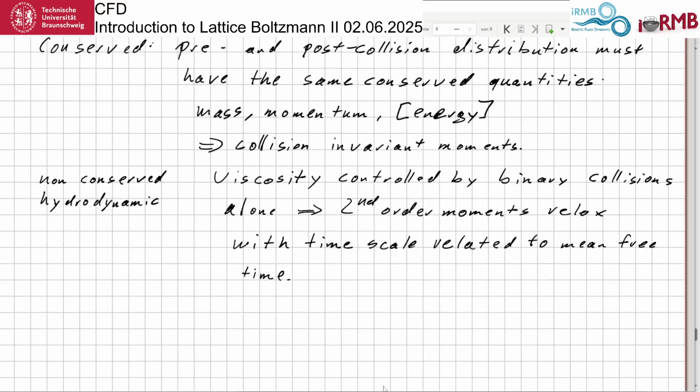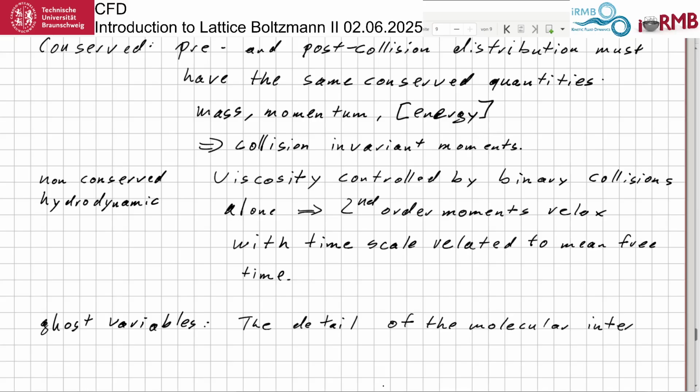And then there are these ghost things. Ghost variables, they are in general not so easy to understand actually. Also because there are infinitely many of them. So they actually kind of encode the detail we are not interested in, of the molecular interactions.